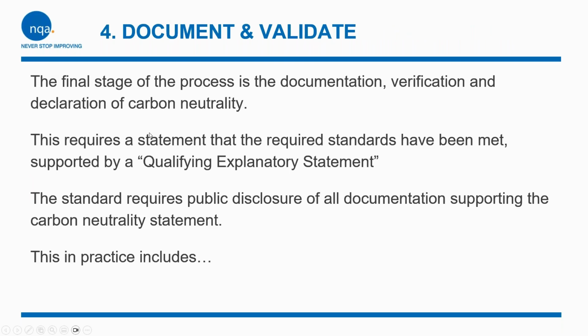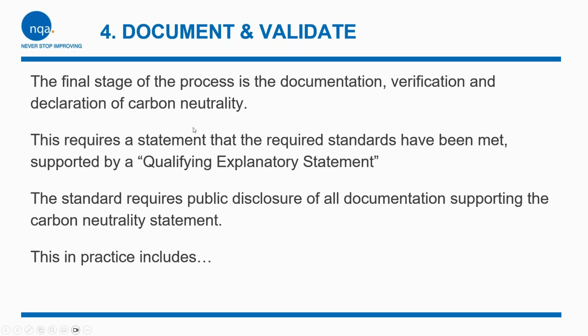Okay, so the final stage of the entire process is the documentation, verification, and declaration of actual carbon neutrality. So this actually requires a statement, and it's a public statement, that the required standards have been met, and it's supported by what's called a qualifying explanatory statement. And the standard requires public disclosure of all the documentation supporting the carbon neutrality statement.